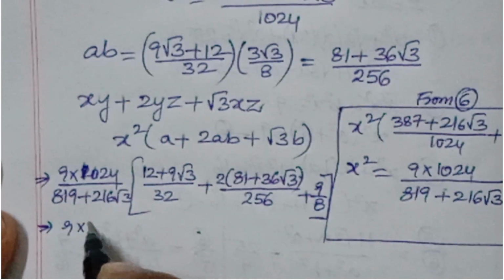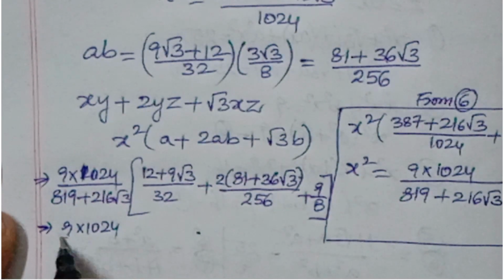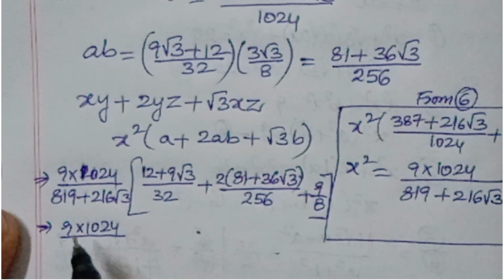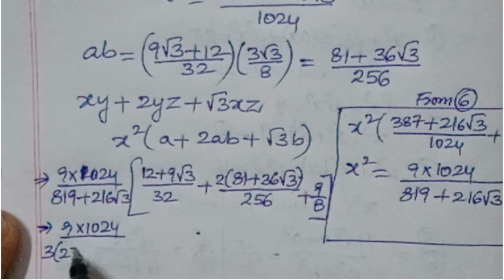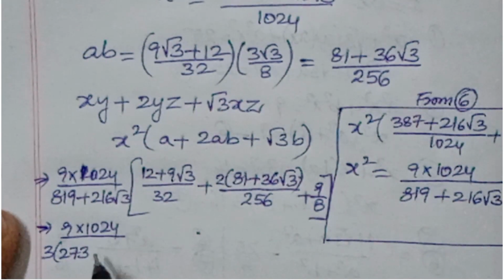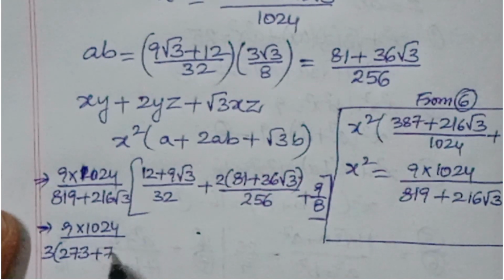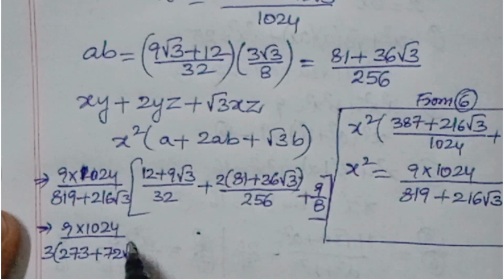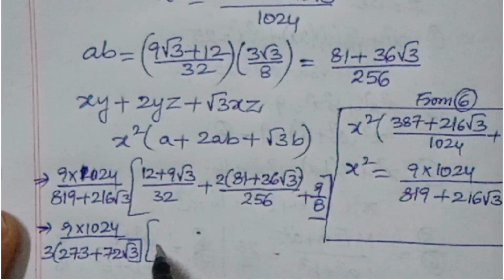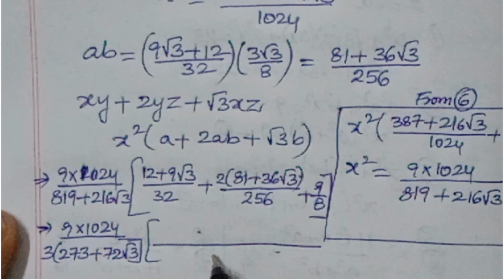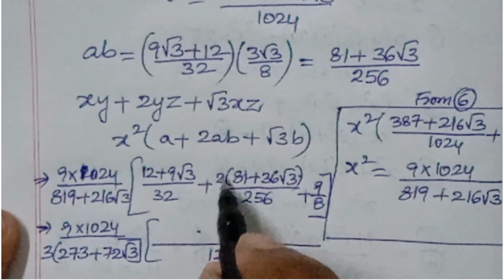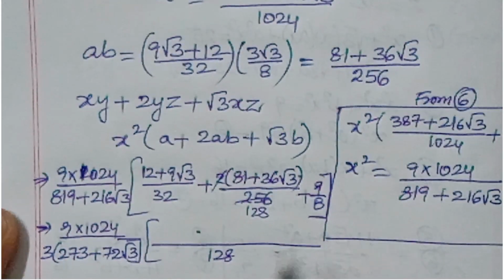So 9 into 1024 by, taking 3 common, 273 plus 72 root 3. Here if you take LCM, 128 LCM, here it will cancel 128.